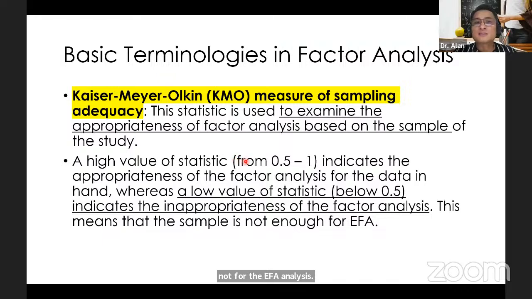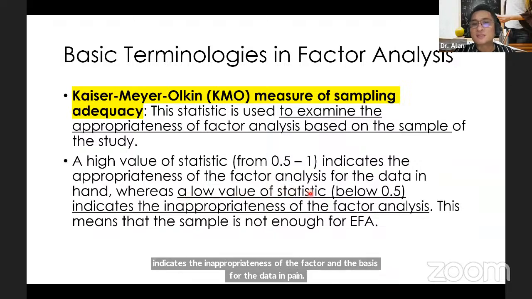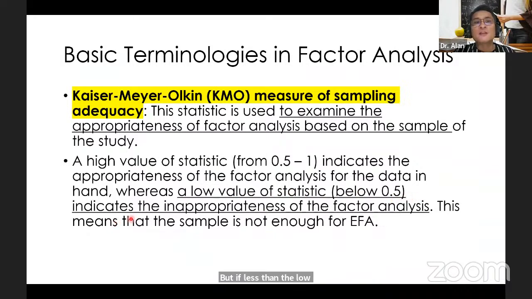By looking at the statistic value. If the statistic value shows 0.5 to 1, that indicates the appropriateness of the factor analysis for the data in hand. But if the value is low, below 0.5, it indicates the inappropriateness of the factor analysis, meaning the sample is not enough for EFA.